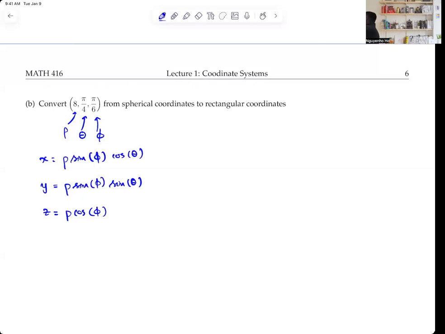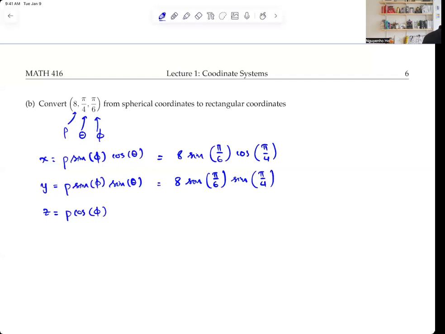Given that phi is equal to pi over 6 and theta is equal to pi over 4, with rho equal to 8: for x, 8 times sine of pi over 6 times cosine of pi over 4. For y, you have 8 times sine of pi over 6 times sine of pi over 4. And for the z component, you have 8 times cosine of pi over 6.